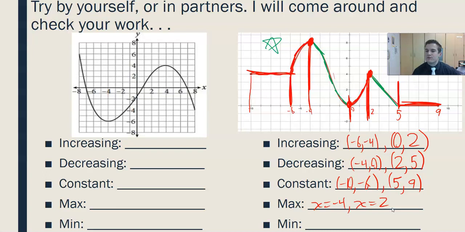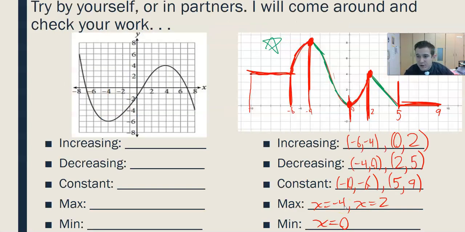Now I'm going to look for minimums. Where on this graph am I going from decreasing back to increasing? Well, right here is the only place where I'm going from decreasing to increasing, changing from green to red. And that is at x equals 0. So those are my maximums and minimums of this graph, and where the graph is increasing, decreasing, and or constant.